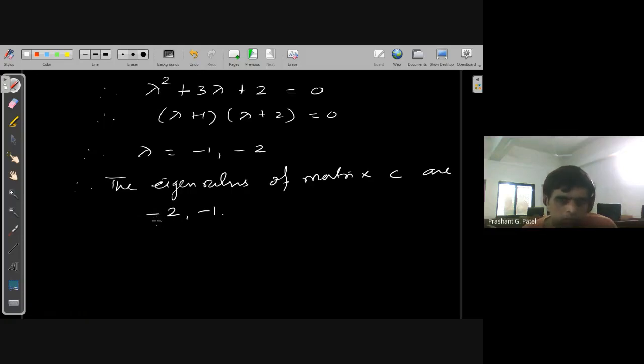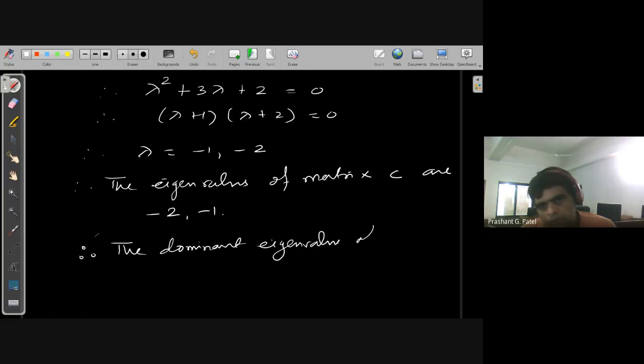Therefore, minus 2 is the dominant eigenvalue for this matrix C. So we can say the dominant eigenvalue of the matrix C is minus 2, which is the highest in modulus. Okay.